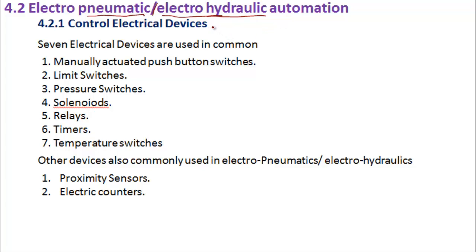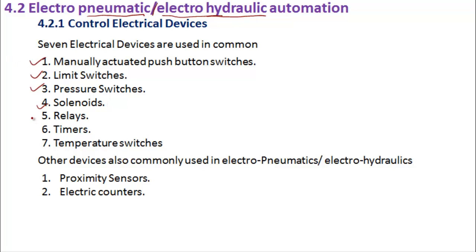Now, the control electrical devices, there are 7 that we are going to study here. Namely, first are the manually actuated push button switches, then the limit switches, then pressure switches, solenoids, the spelling here is wrong, now it is corrected.